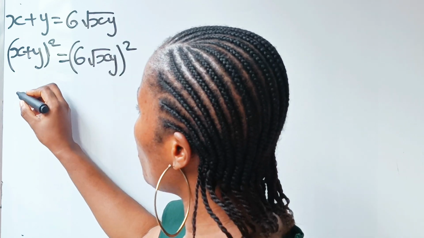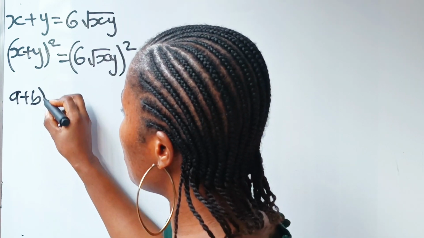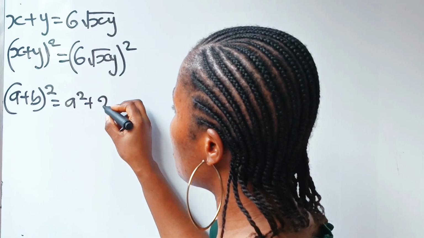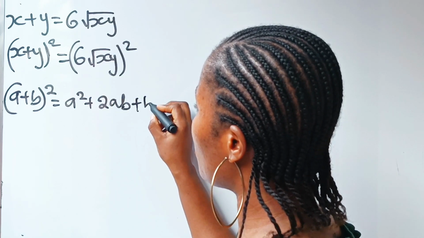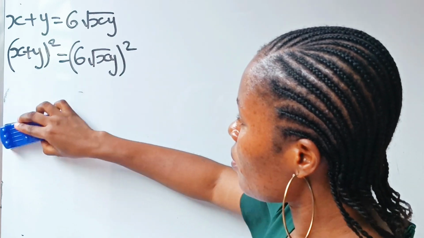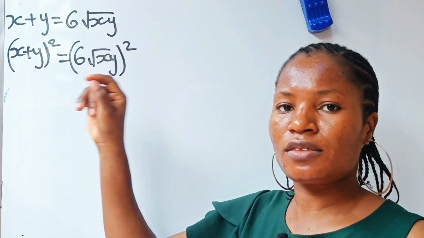Now, when you have (a plus b) squared, this is equal to a squared plus 2ab plus b squared. We are going to express this in that form.